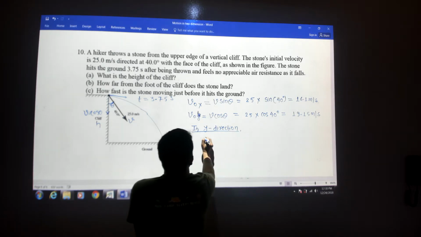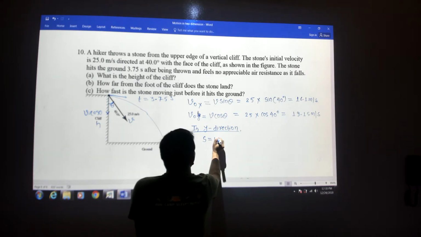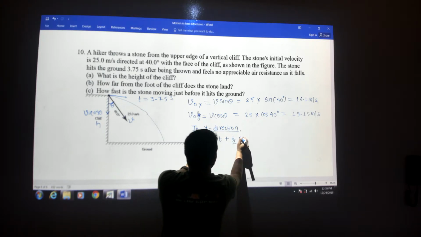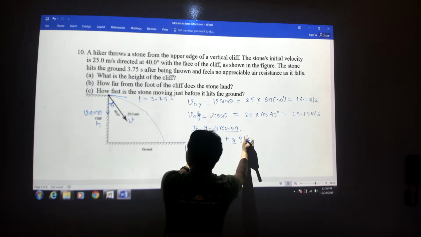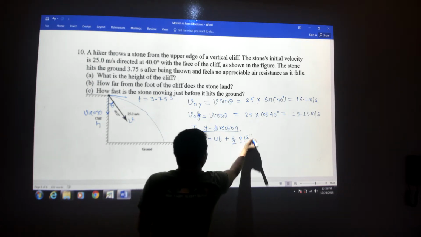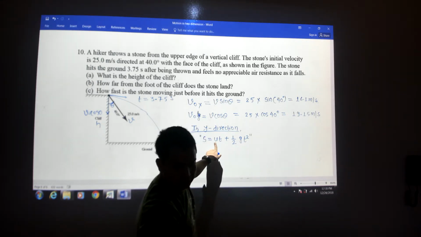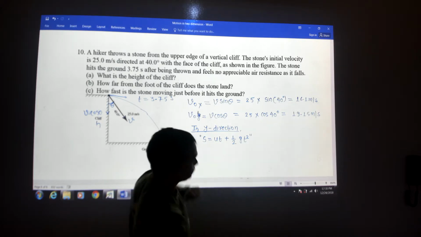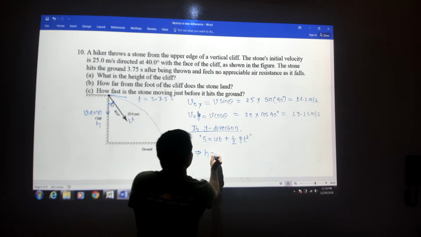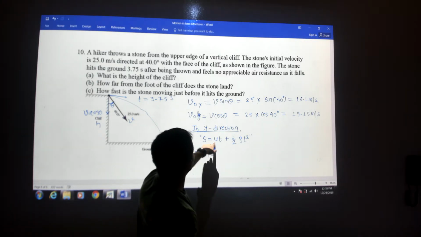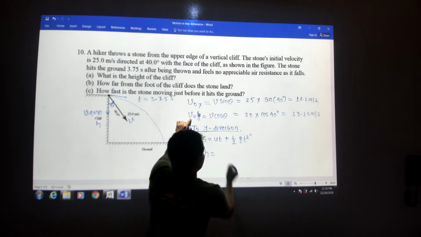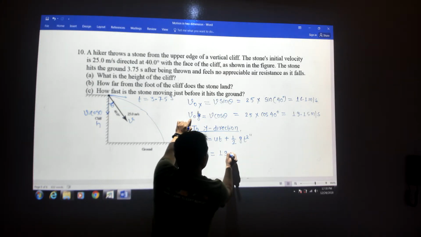So I can use s is equal to ut plus half g t squared to find my height, because we are given the time and we already know the velocity. Okay, so this is height h, and this is the vertical velocity, which is 19.15.